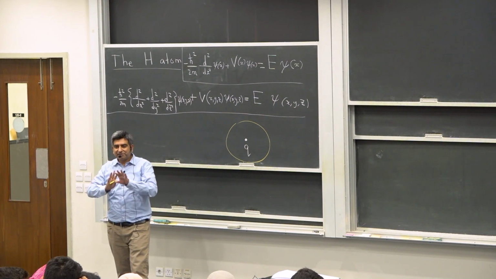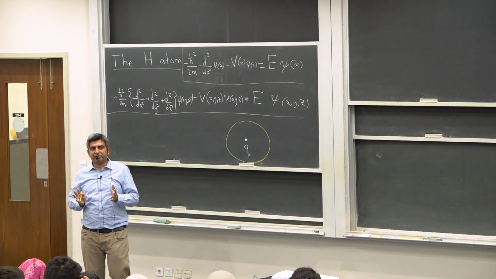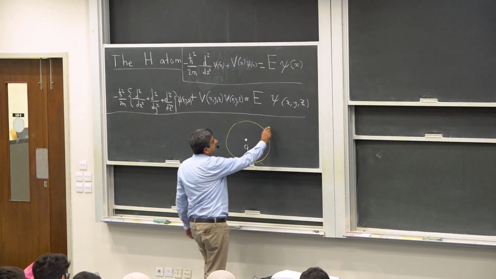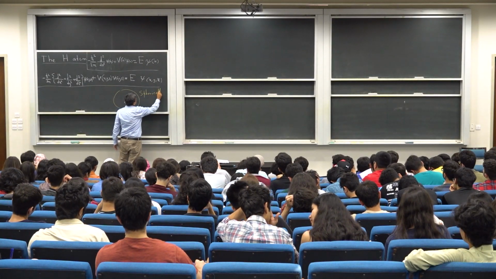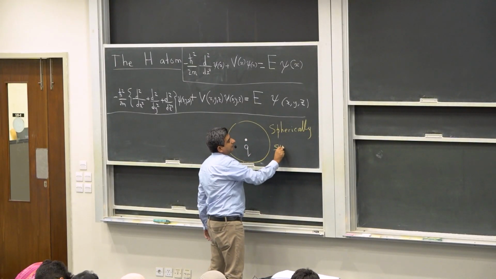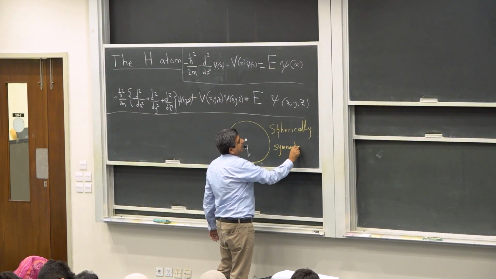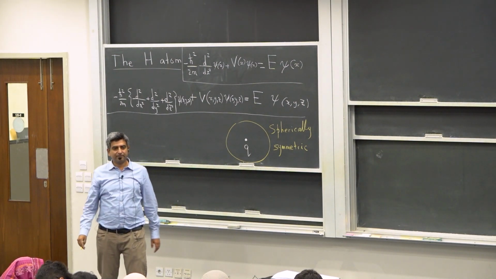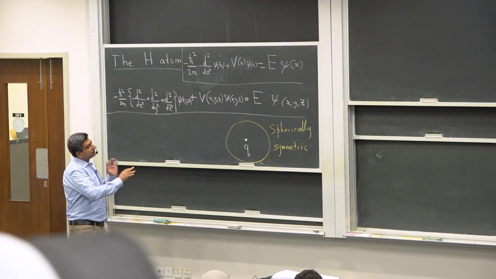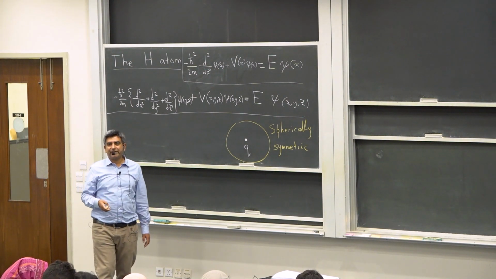All right. So such a kind of potential is called a spherically symmetrical potential. It's symmetric spherically. Got it? Now for problems of this kind, you don't want to use the coordinates x, y, and z.